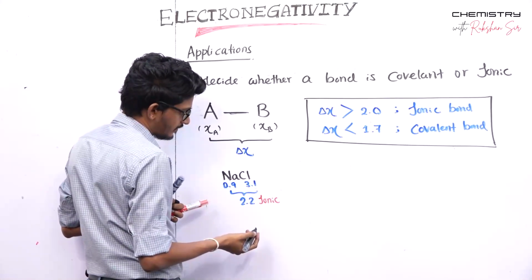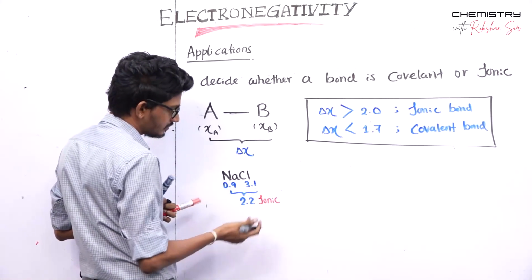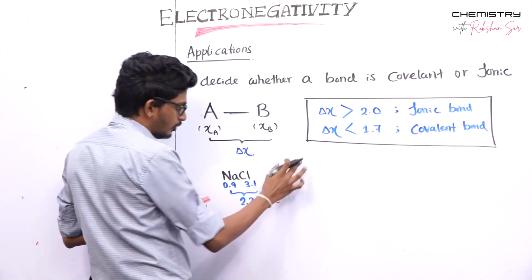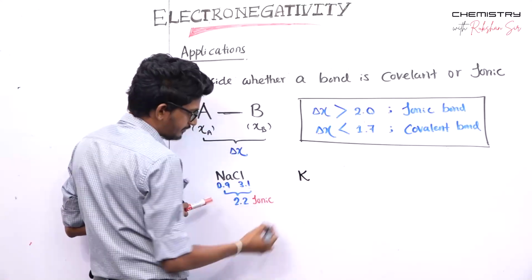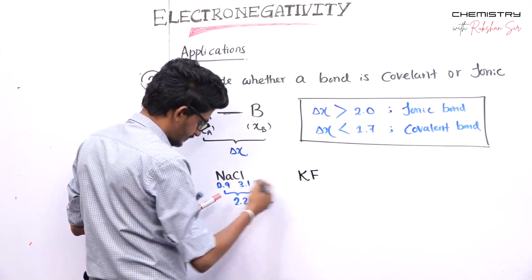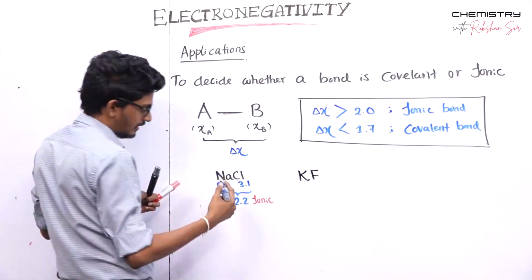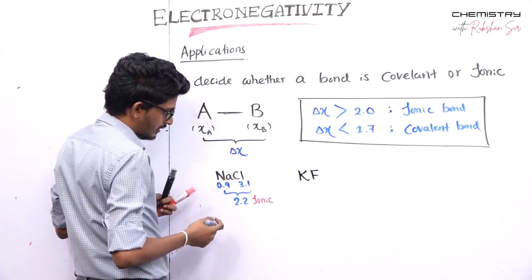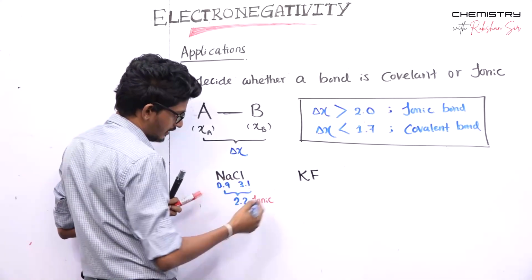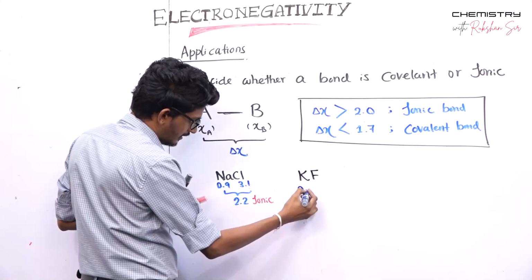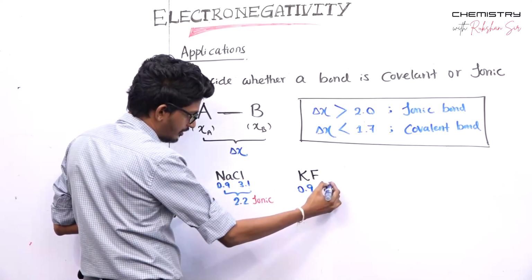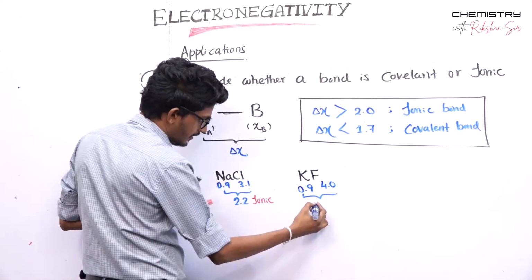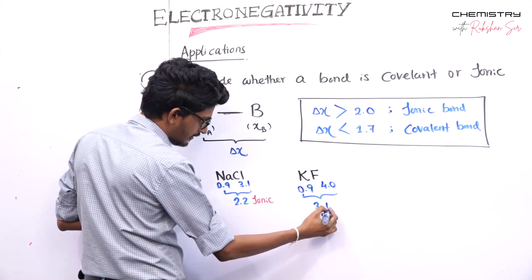Let's think of another one. Potassium fluoride. Potassium comes up with 0.9. Fluorine comes up with 4.0. The difference is 3.1.